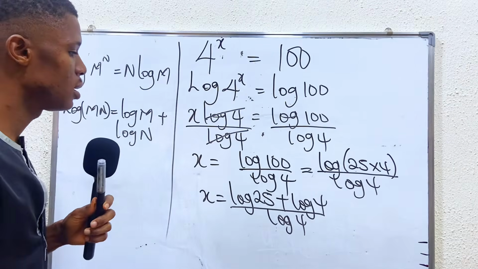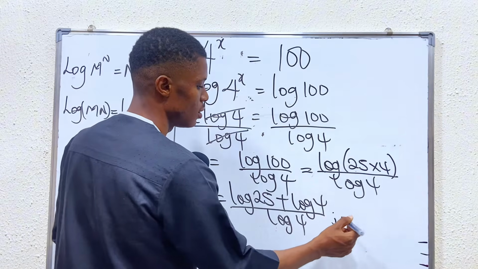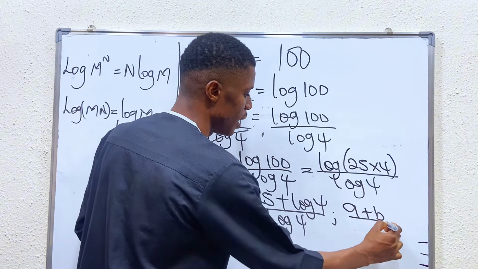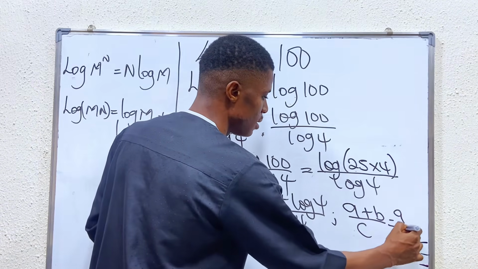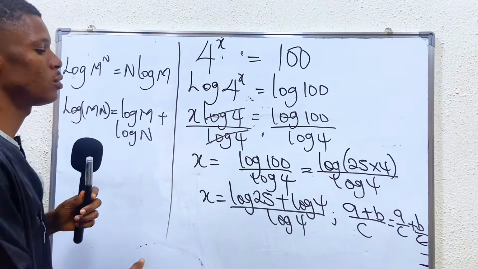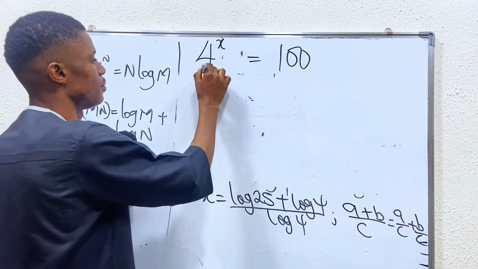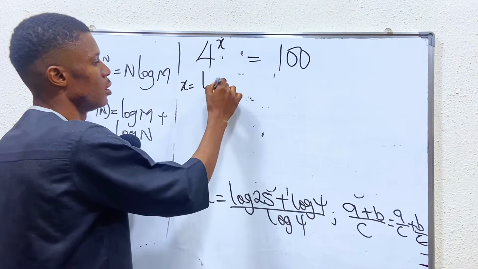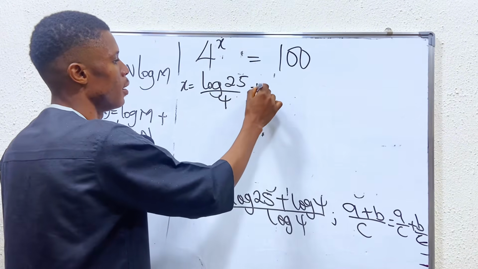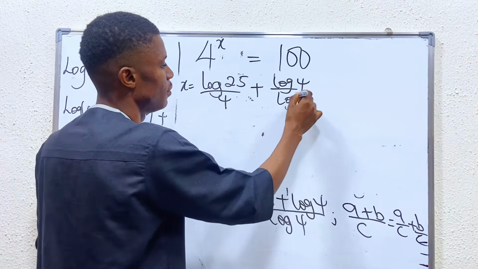Since you apply this, you can now know our simple fraction rule, just like in basic classes where you have a plus b divided by c. It's basically a over c plus b over c, right? If you agree with this, we are going to use it to split the fraction. We can write it as x is equals to log 25 over log 4 plus log 4 over log 4.